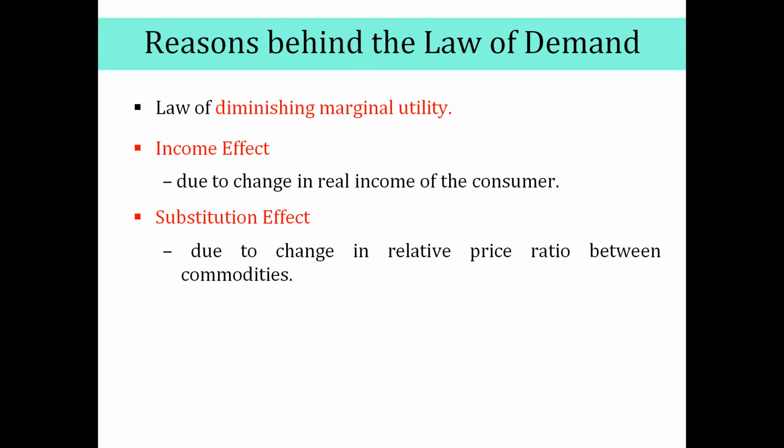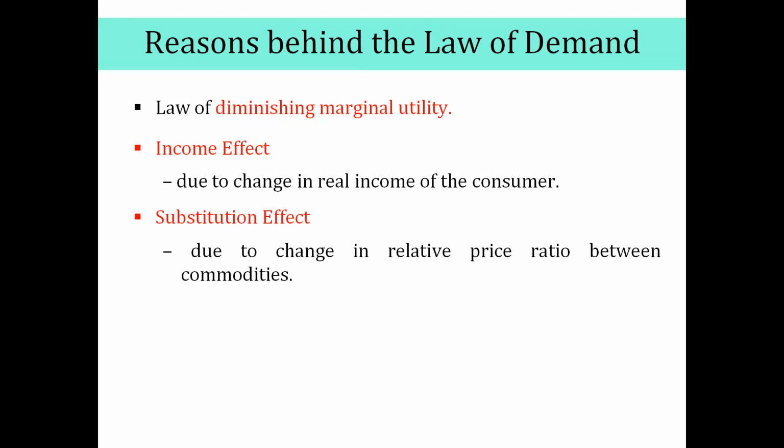Then the substitution effect. Substitution effect is due to change in the relative price ratio between the commodities. In the assumptions we have assumed that price of related goods remains constant. So keeping the price of related goods constant, when the price of a commodity changes, the relative price ratio between the two commodities will change. For example, take tea and coffee.